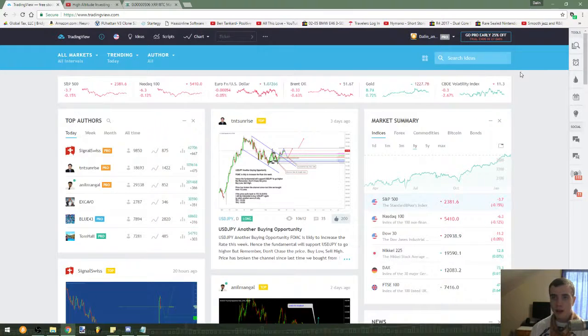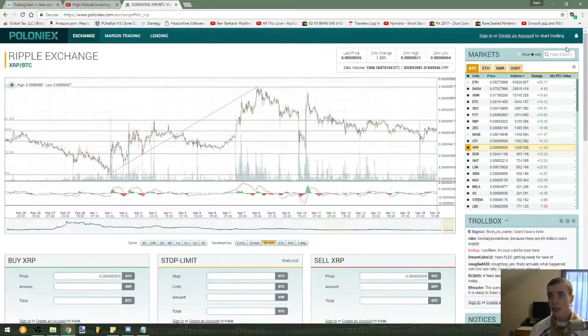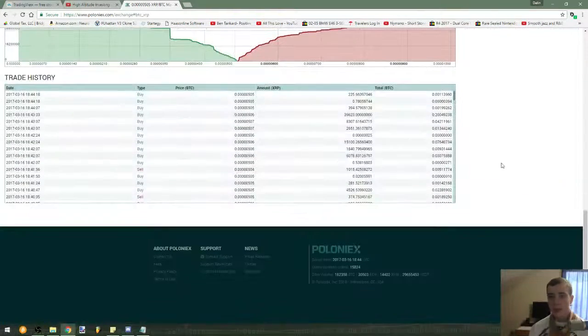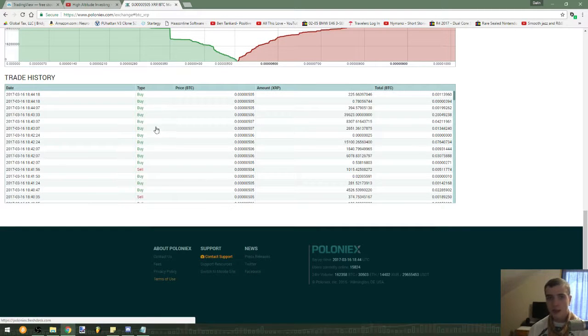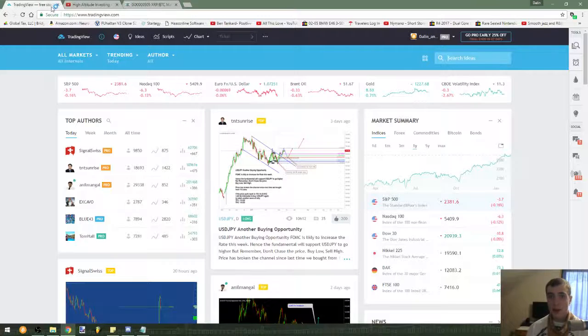It'll just send the order through to the exchange. And Poloniex has an API too, so if you do want to connect it to a different website like Coinigy, you can do it with the Coinigy Poloniex connection to do the trades on there.